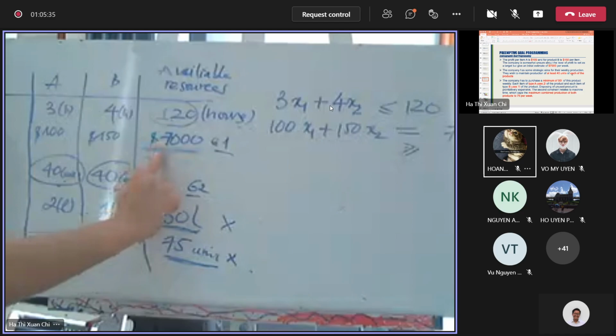So what is the difference between goal and hard? In here, I add d1 minus and d1 plus. For this case, I also add 2.